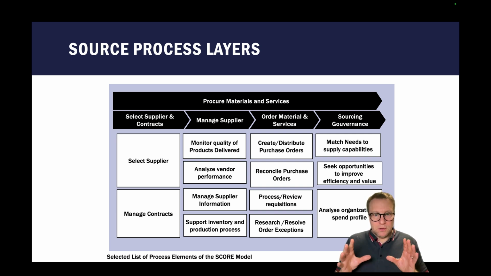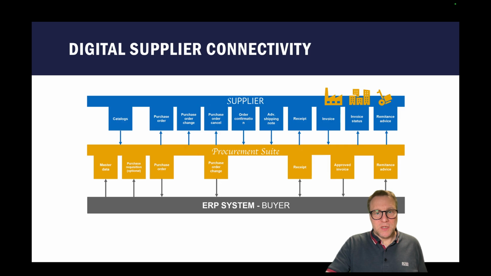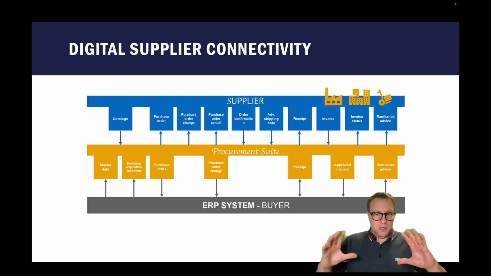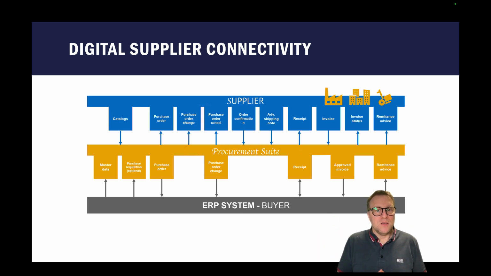And if you look at this type of process more from a system perspective, from an IT perspective, it would be cool, of course, if the supplier and everything the supplier delivers is connected to a kind of procurement suite, which really can receive the information in a digital way. And typically in the home system, you have a big enterprise resource planning system, you have a connectivity against your procurement suite.